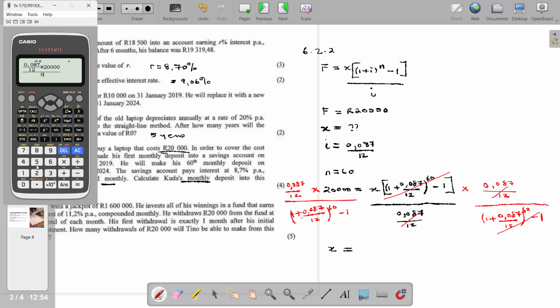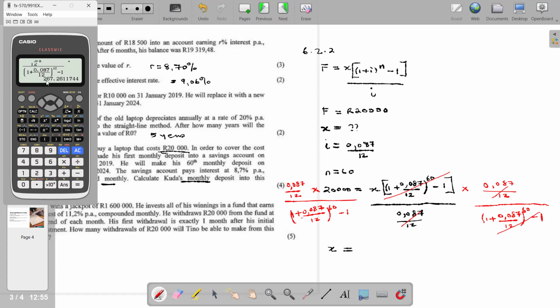We have our bracket. So it's 1 plus 0.087 over 12. That is going to be raised to the power 60, minus 1 as our denominator.